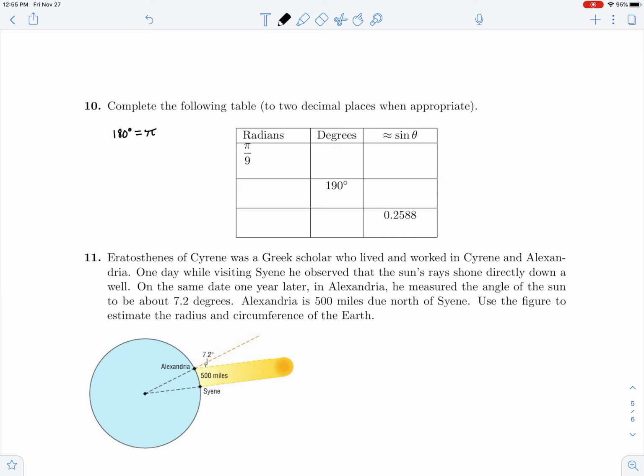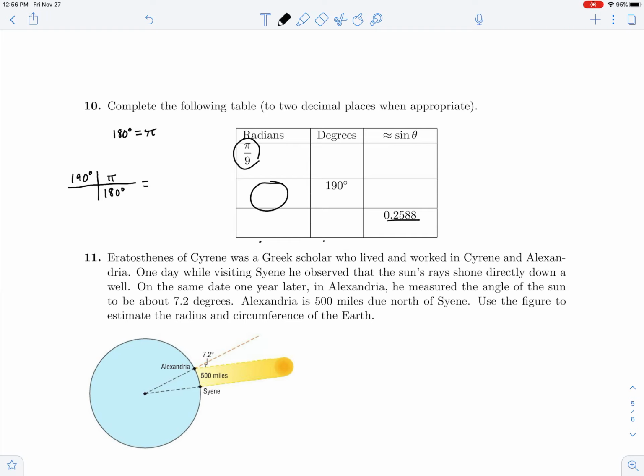So you should be able to convert from radians to degrees by just replacing pi with 180, and you can convert from degrees to radians, if I have 190 degrees, 180 degrees is equal to pi, and so this will give you your radians here, okay? And then if you have sine of an angle, then you do arc sine.